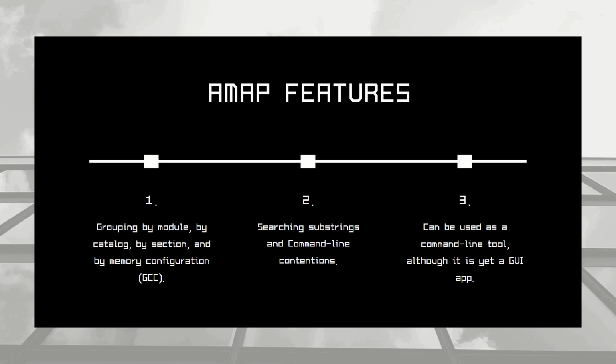The second one is that it will search substrings and command line contentions. And the third top feature is that it can be used as a command line tool, although it is also a GUI application.